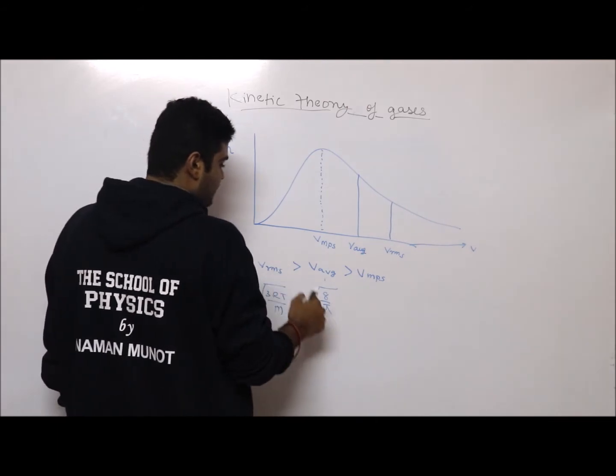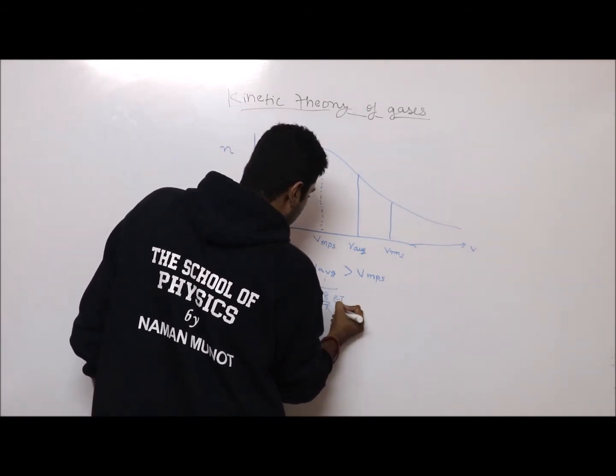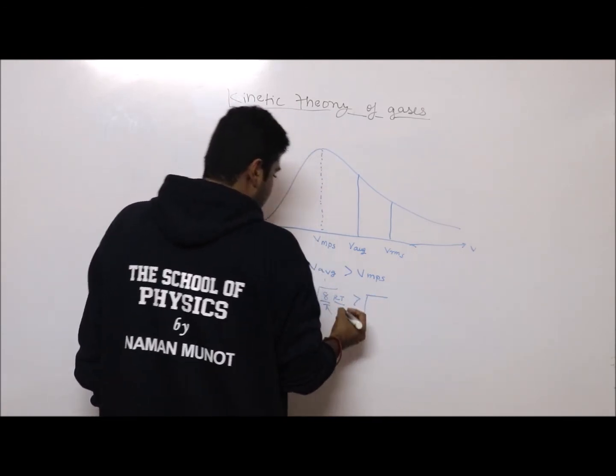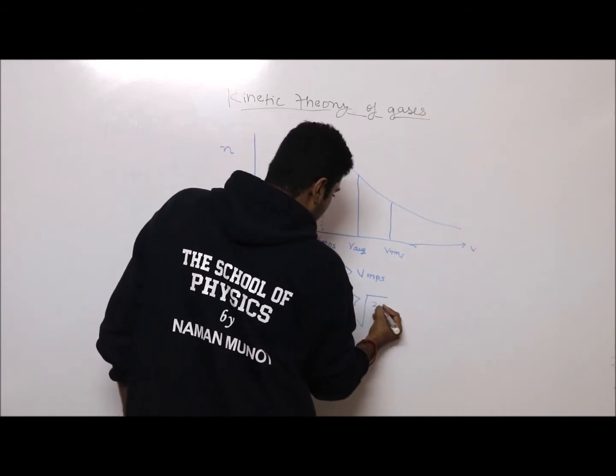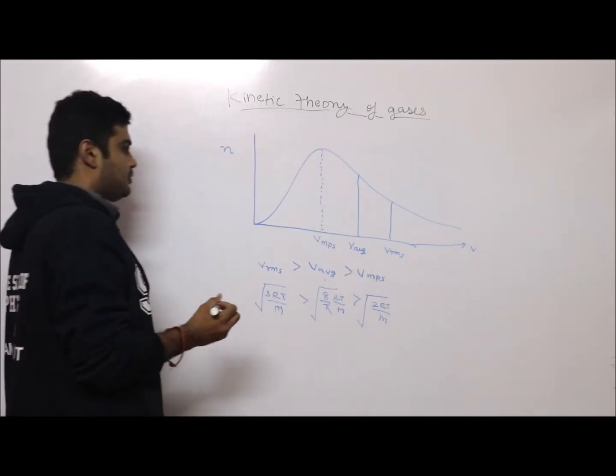Here it was 3 in RMS, here it is 8 by pi, which is greater than the most probable speed, which is under root 2RT by M.